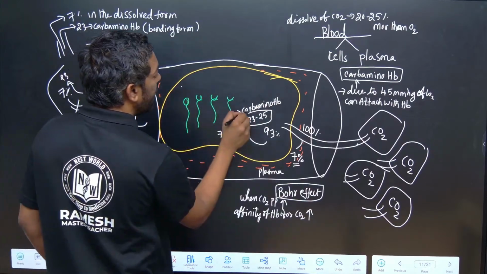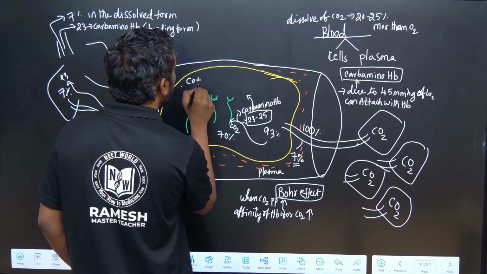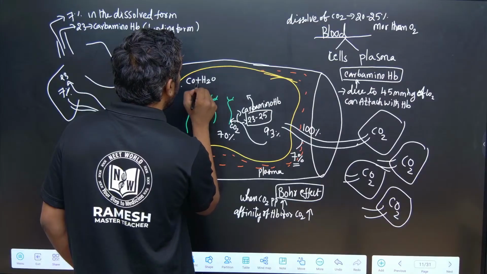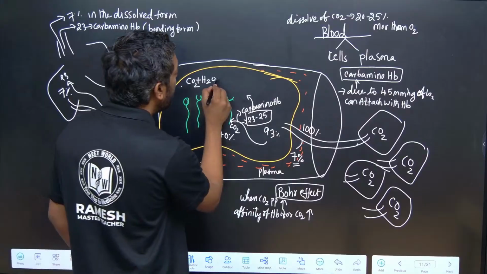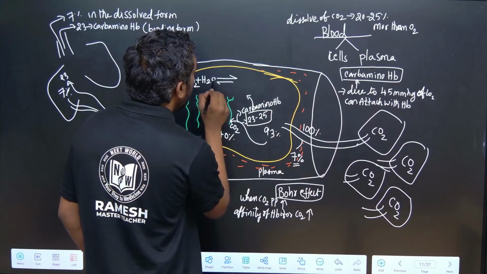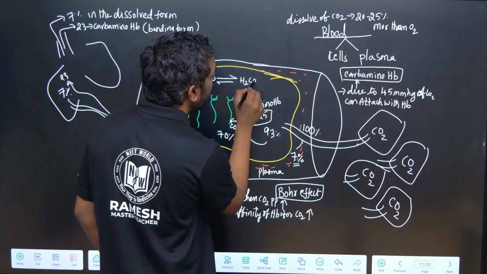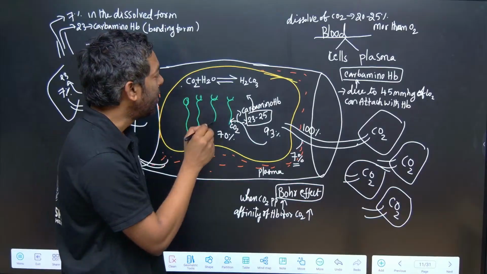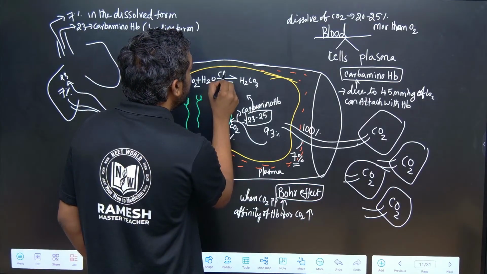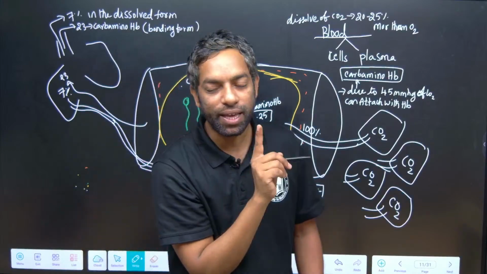Okay, the remaining 70% of CO2 can combine with water to form carbonic acid: CO2 plus H2O gives H2CO3. There is an enzyme, carbonic anhydrase, which is utilized. This is the most important enzyme, guys, carbonic anhydrase.